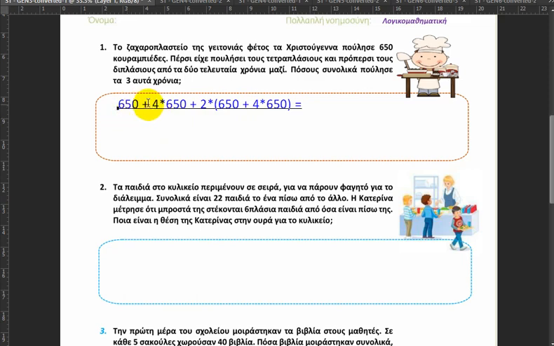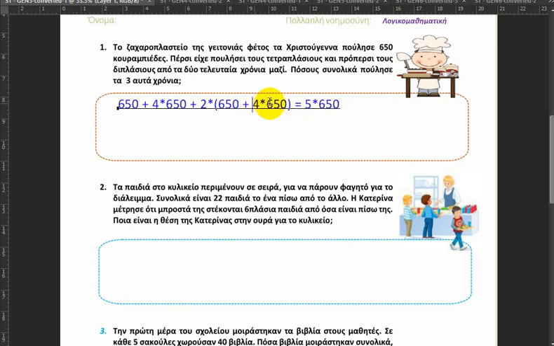The hard way would be to solve this as order of operations and say, okay, well, I'm going to do 4 times 650 first, and then whatever I find, add another 650, and then I'm going to add the rest and so on. But the other way is to say, okay, well, 650 and 4 times 650 is going to be actually 5 times 650, right? Because that's a basic property of multiplication there.